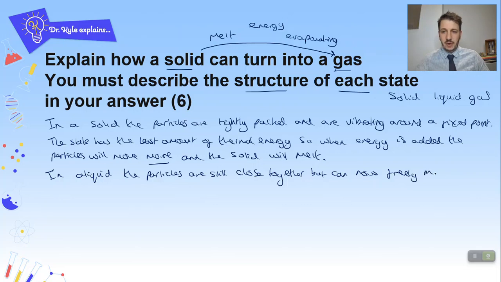So they can move around a lot more now. There's more energy in the system, but they're still very close together. More energy is needed to then evaporate into a gas.